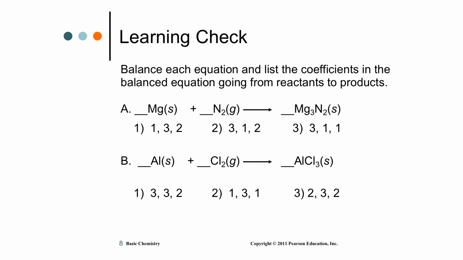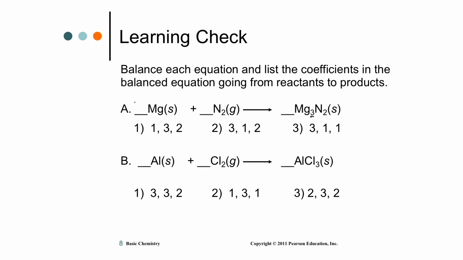Balance each equation and list the coefficients in the balanced equation going from reactants to products. I have magnesium plus nitrogen gas yields magnesium nitride. I don't have any hydrogens or oxygens, which I usually do last, so I'm just going to start on the left. I've got magnesium 1 on the left, but over here I've got 3 on the right.